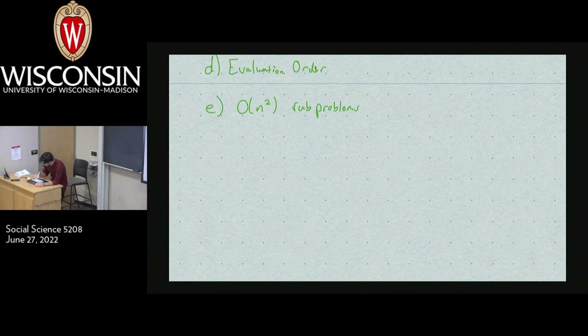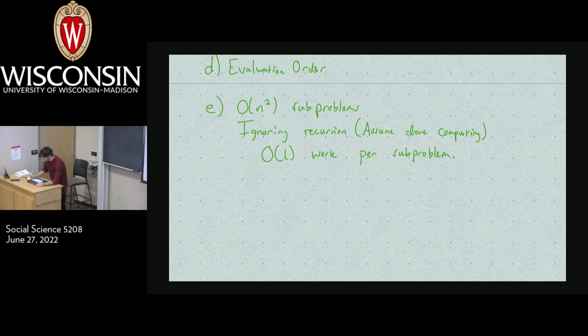So per subproblem, assuming the recursive ones are already computed, we're doing O of 1 work. So if there's O of n squared subproblems, each one's constant work, they're just going to multiply.